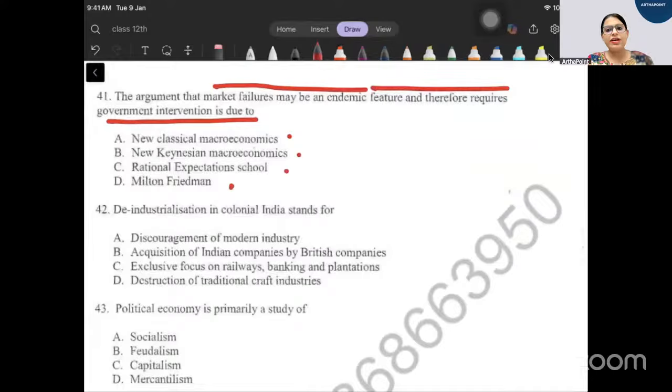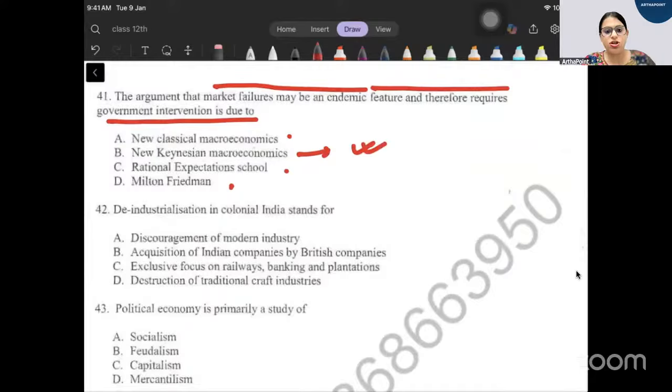It is very important that you know what classical is, what Keynesian is, what new classical is, what new Keynesian is. So the correct answer to this question is B, new Keynesian macroeconomics.